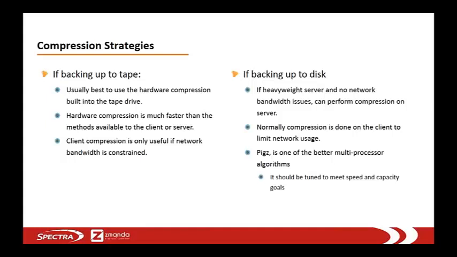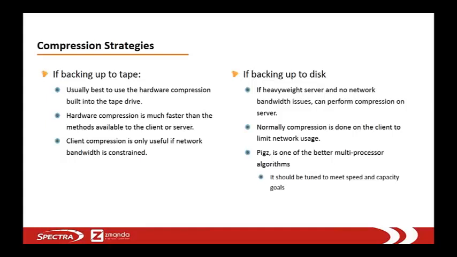And the only time you'd ever want to put compression on the client is if you have some sort of constraint on your network. And with 10 gig and gig-E networks being fairly common today, that's not as much of a concern as it was 10 years ago or so.